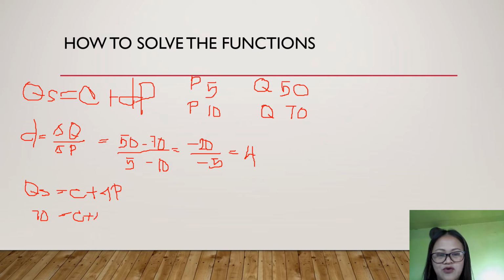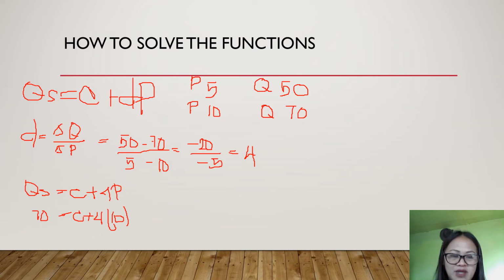So that is 4. How much is the price of 70? It is 10. Right? There. From that, we already have 70 equivalent to C plus 40.